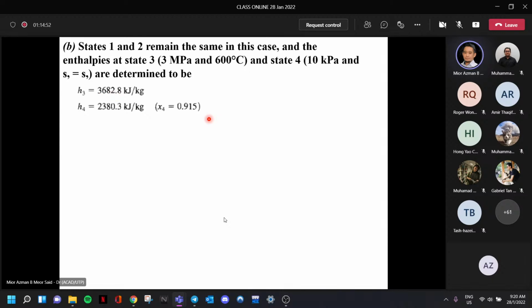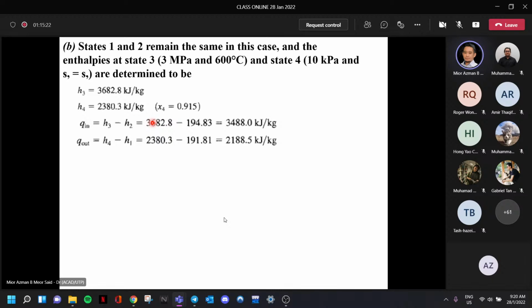Then state 4 will be in the saturated region at 10 kilopascal, and S3 equals S4. Solve that with the same method. We have to solve for the quality first, 0.915, and once we solve the quality, you can solve for H4 equal to Hf plus the quality x4 times Hfg, and there you go, you will have this H4.